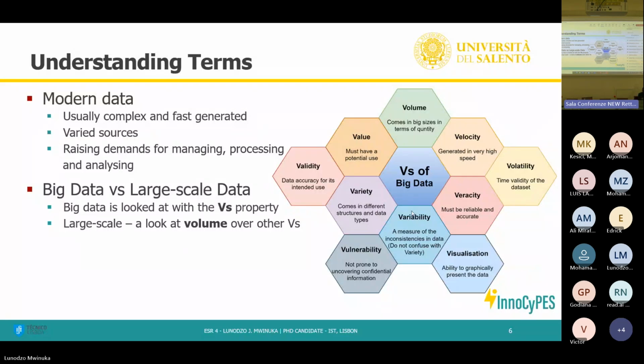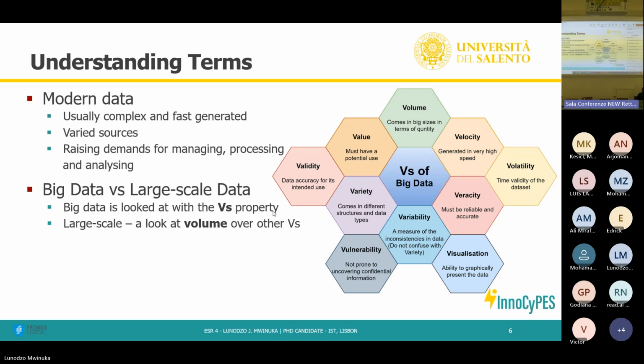They say that for data to be called big data, it also has to have some element of vulnerability: data should not be vulnerable to attacks, but should also be valid for a specific use case. For data to be called big data, it should be directed to certain use cases. And there are so many other V's.